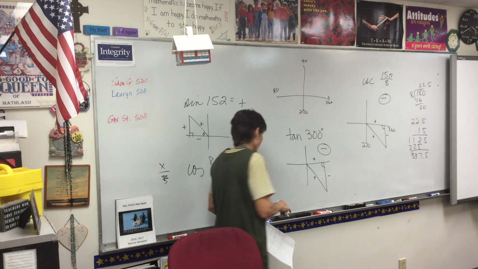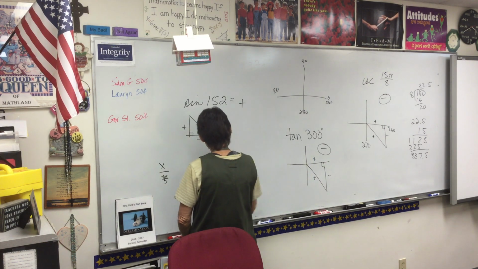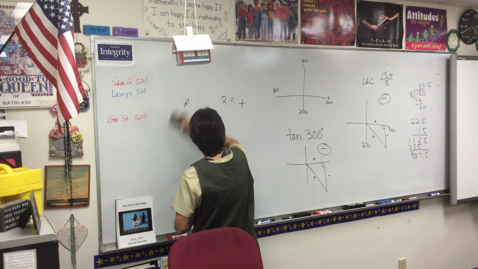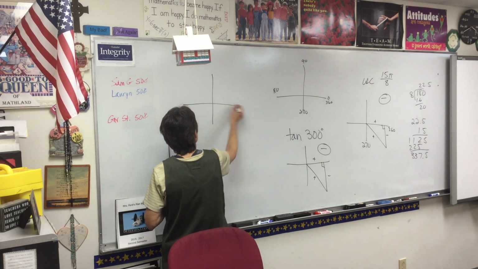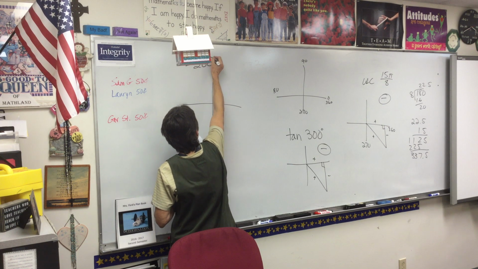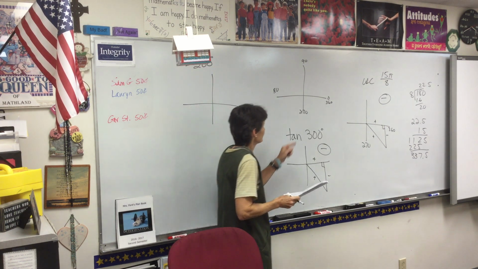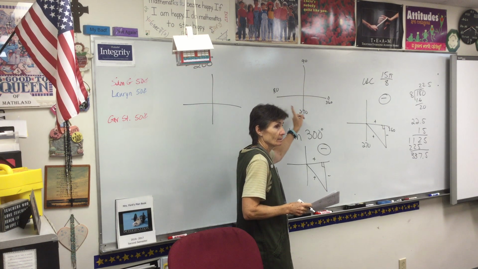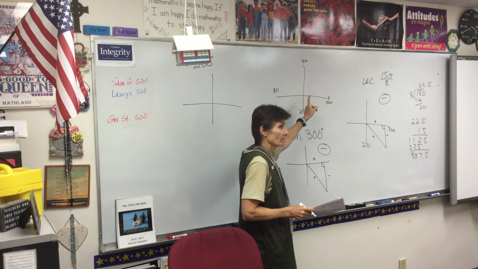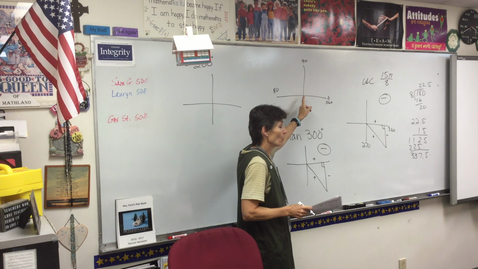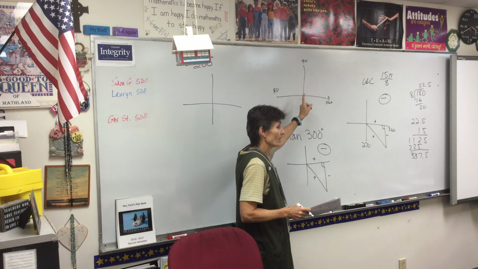Now the next one, what in the world are we going to do with negative 200? Does anyone have any idea where I'm going to put negative 200? Take a wild guess. Well, no, but you're maybe going in the right direction.